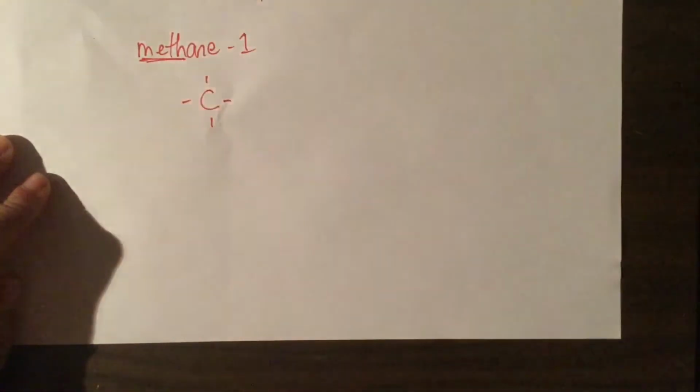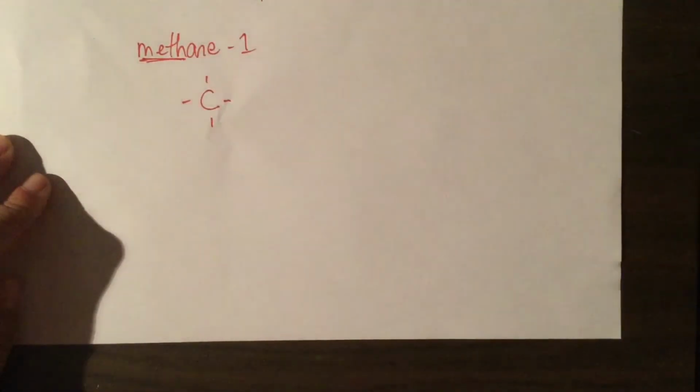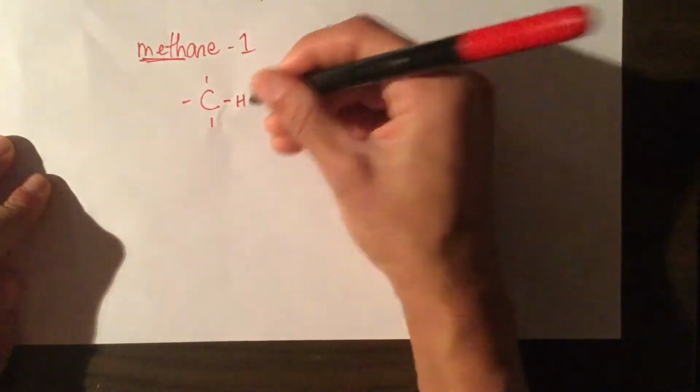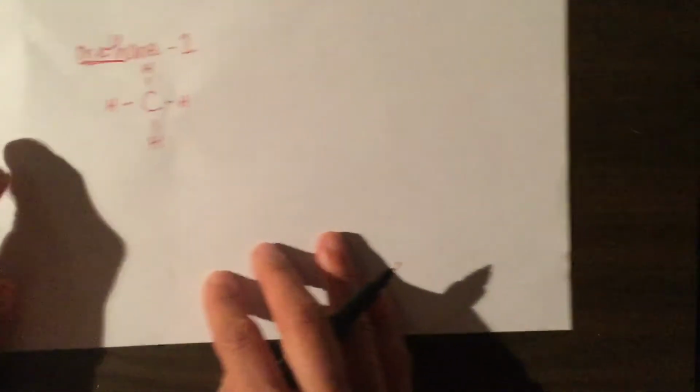So I can go ahead and draw those bonds in here. Because there's only one carbon, I know that there's not going to be any other carbons that I add. And because it's a hydrogen, I know that we're going to be using hydrogens to fill in all the remaining bonds. So me drawing methane, I would just add hydrogens around my carbon so that all the bonds have something that they're connected to. So there's my methane.